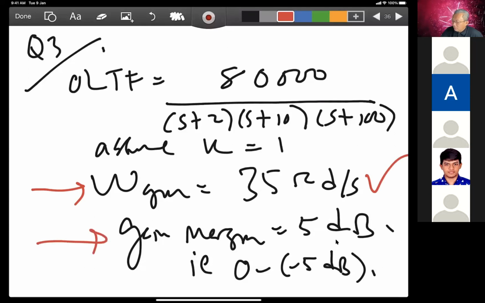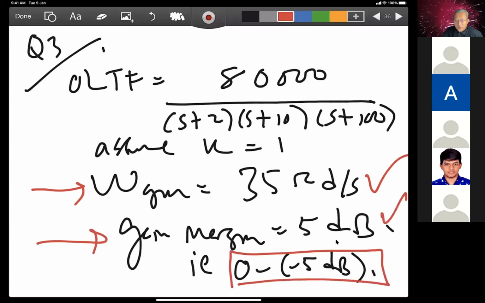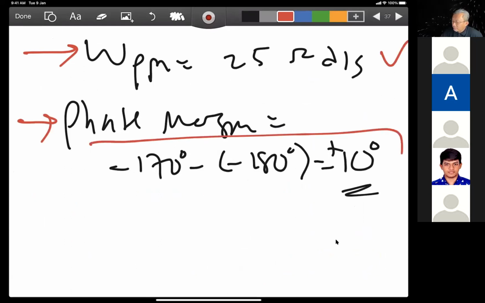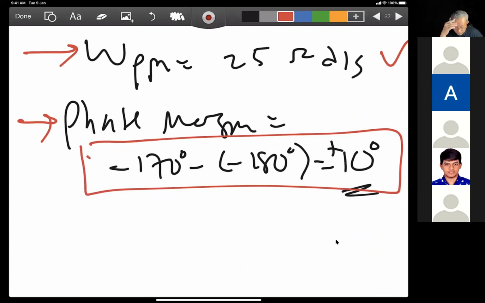Gain margin 5 decibels, which is 0 minus 5 dB. Omega phase margin, as Rahman said, is 25 radian per second. And phase margin is minus 170 minus 180, which is 10 degrees.